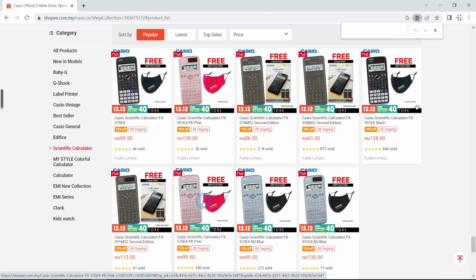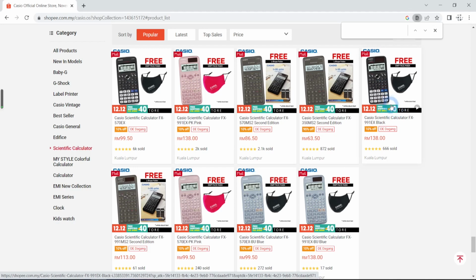You will notice that there's another model of calculator which looks very similar to FX570EX, which is FX991EX. These two calculators actually have the same functionality. What is different is that FX991EX is a two-way power calculator, which means you can use solar energy or battery.